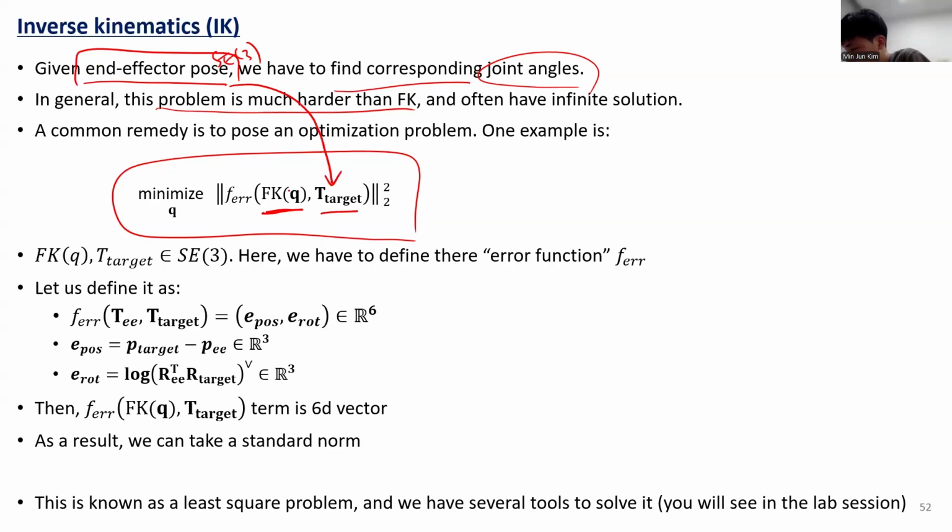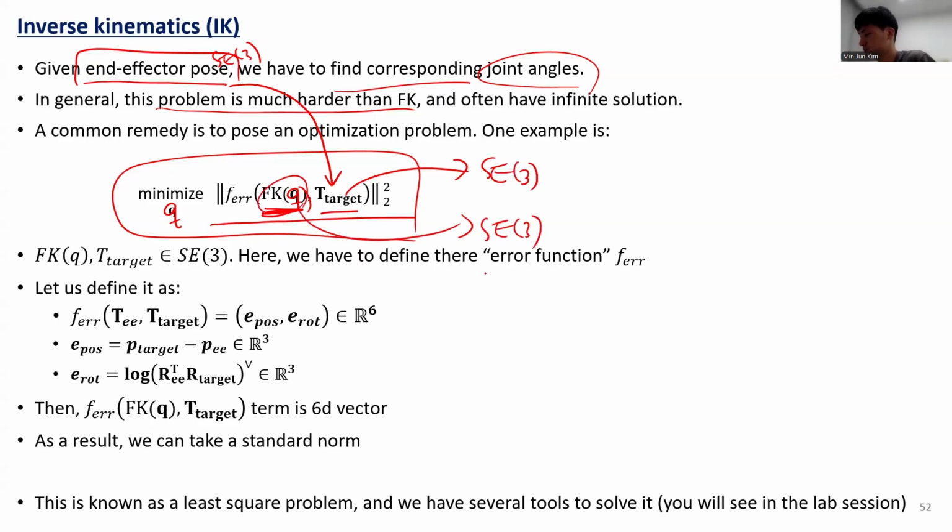And here, forward kinematics is a function of joint angles. And we want to minimize this error using q. Okay, that's the optimization problem. This one is SE3, and this one is again SE3. So we have to compare two SE3 components, right?